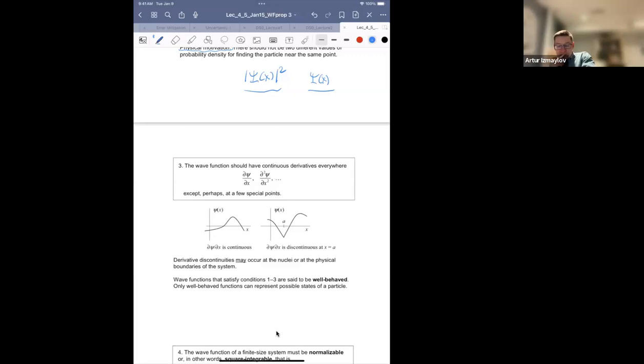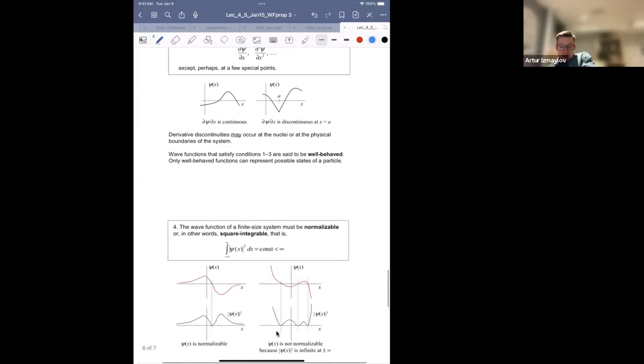So it is allowed to have some special points where the function is not differentiable, but those are just a few points; it cannot be non-differentiable in some continuous domain of the spatial coordinate x.